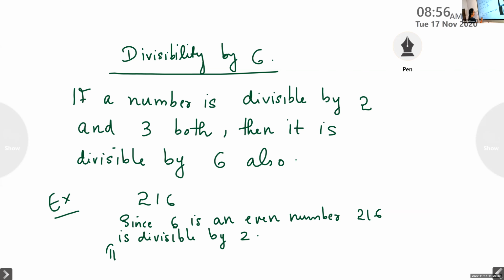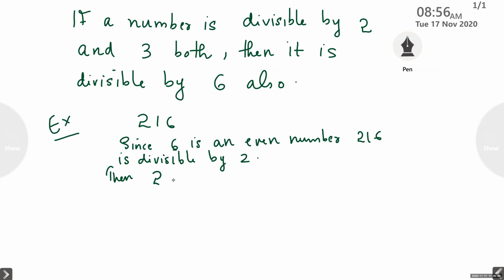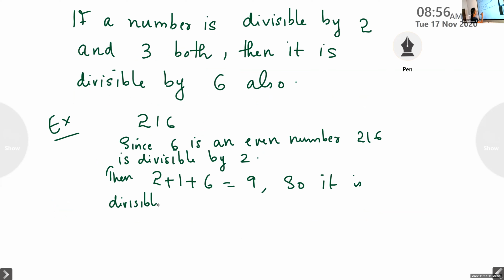Then 2 plus 1 plus 6 equal to 9. So it is divisible by 3. Therefore, 216 is divisible by 6.